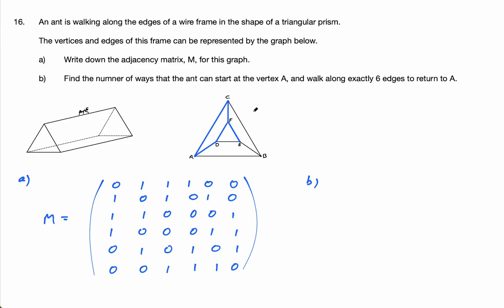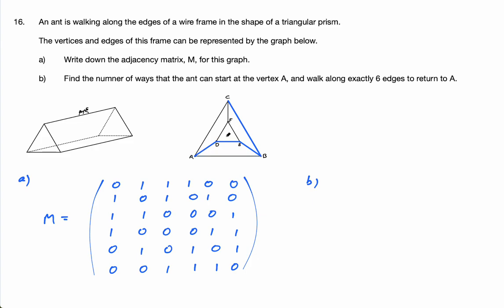That's one way. Or let's try and do another one. He could go 1, 2, 3, 4. I've done the same thing again. I'm going to have to go back to B. 5, 6. But all those ways count.